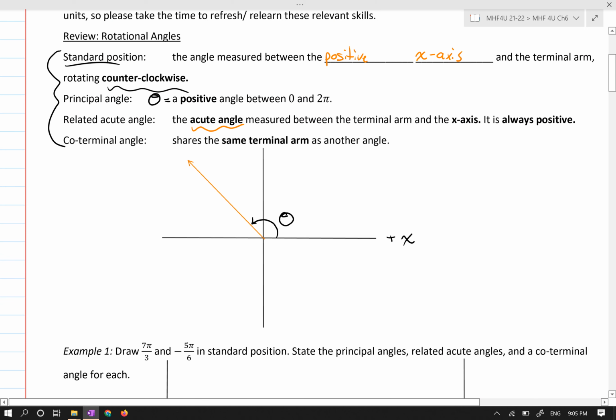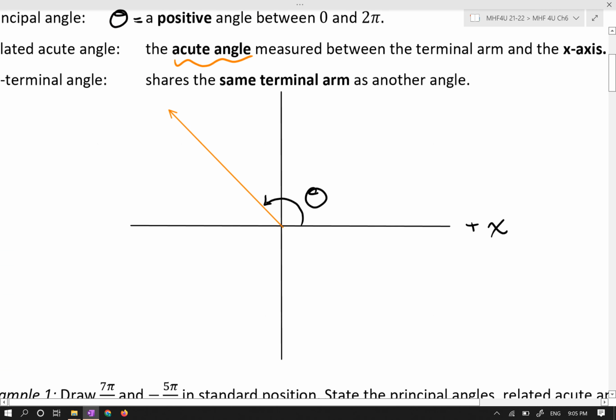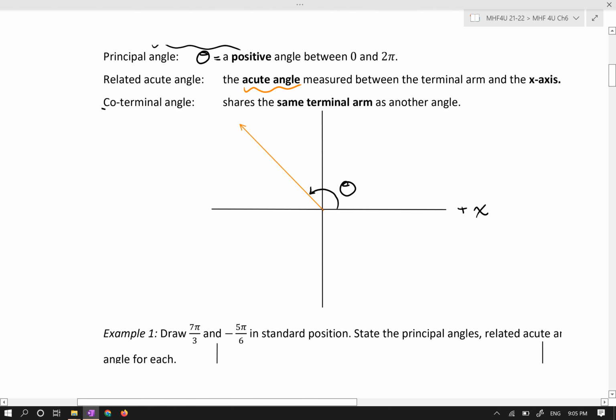And that means it's going to be less than this angle. These are all pi over 2 in size. Okay, so our related acute angle is always going to be measured from our terminal arm to the closest x-axis.